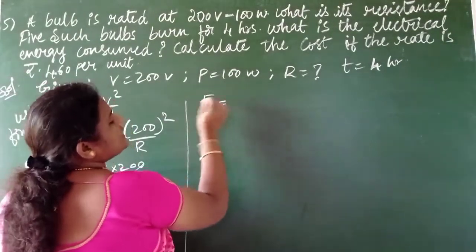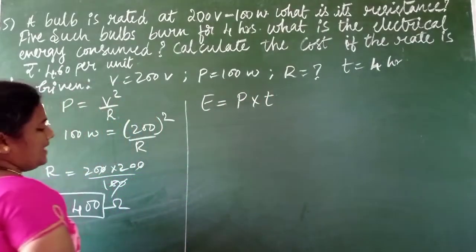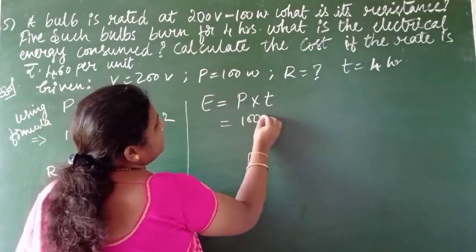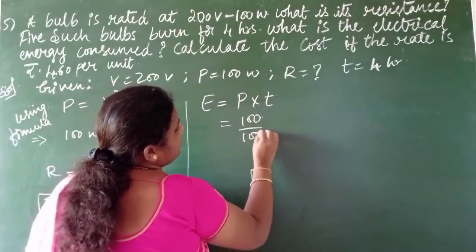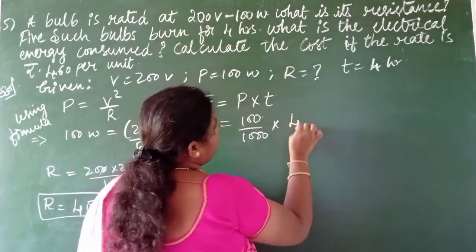First let us calculate. E equals P into T, isn't it? So 100 divided by 1000 into 4.